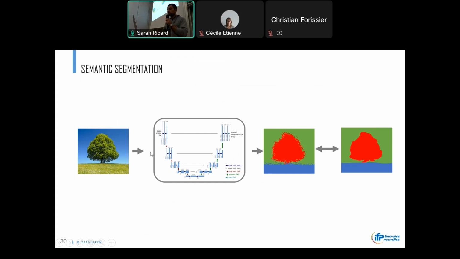For instance, you have a standard image with a lot of variation of intensity that represents here a tree and some sky and so on. And you want the network to divide the image into three parts: a part with the tree, a part with the sky, and a part with the ground. So that we call segmentation. Each pixel here just contains an intensity that corresponds to a class of object.